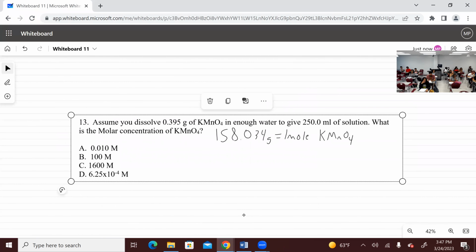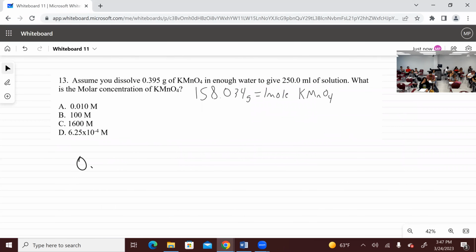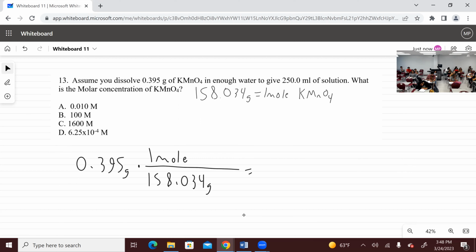Okay, so I'm going to say 0.395 grams times, I want to convert this to moles. So what am I going to put in the numerator and what in the denominator? Guys, this was a trick question. 1 mole goes in the numerator and 158.034 grams goes in the denominator.